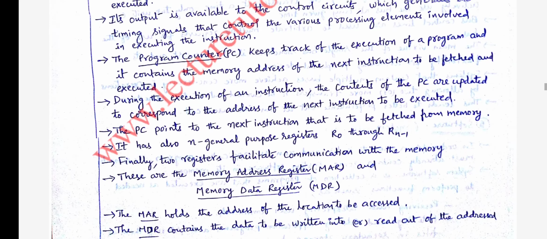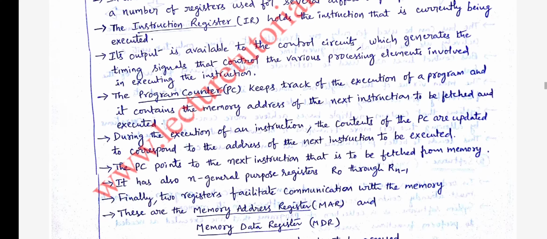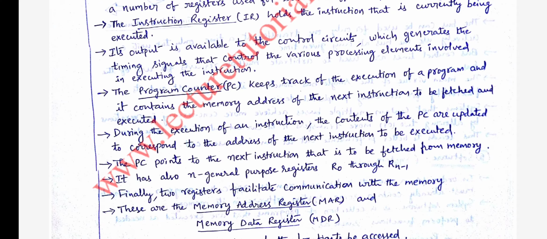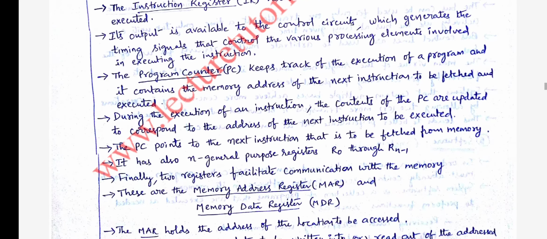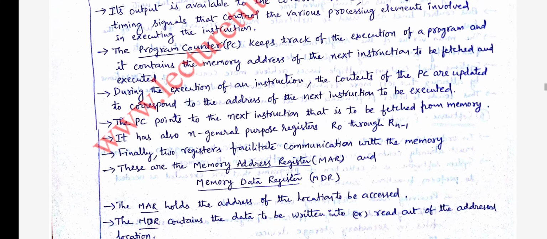The instruction register contains the instruction which is currently executed, and the program counter contains the instruction which is to be executed next.